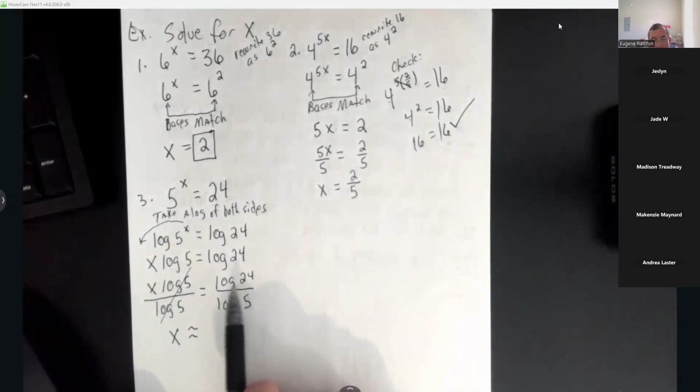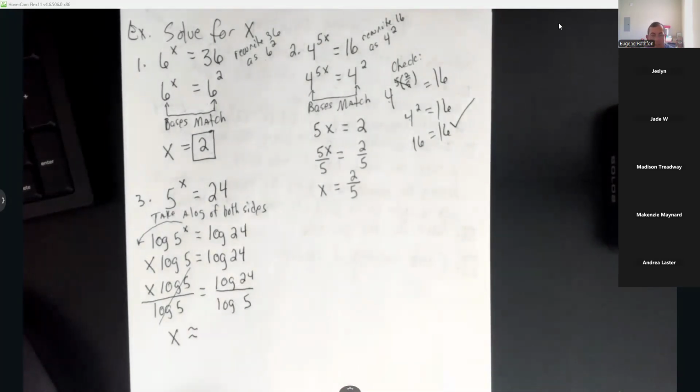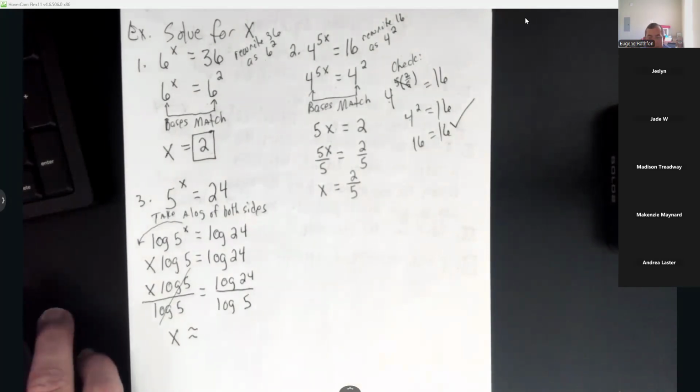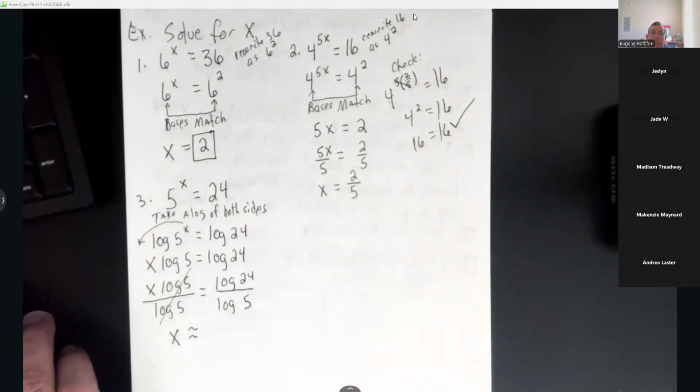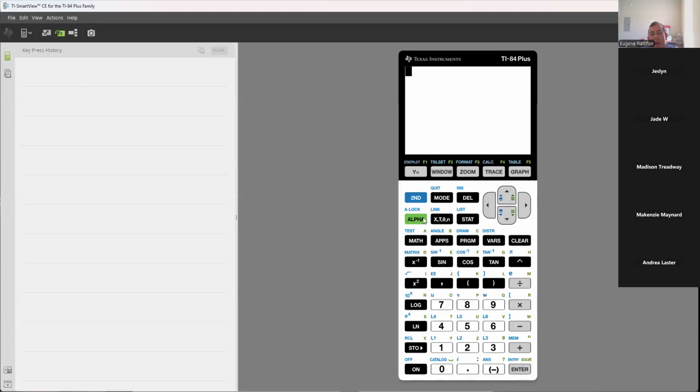Now, I'll show you 2 ways to punch this on the calculator. So y'all let me go to the calculator and we'll see how to punch them in. One way is I can make it look like a fraction by hitting alpha, y equals, and enter. On top, I'm going to put the log, and you're using the log over here by the 7, so hit log and put 24 in, close those parentheses.